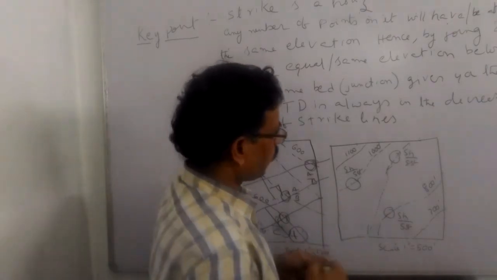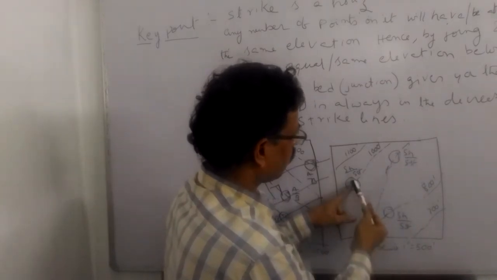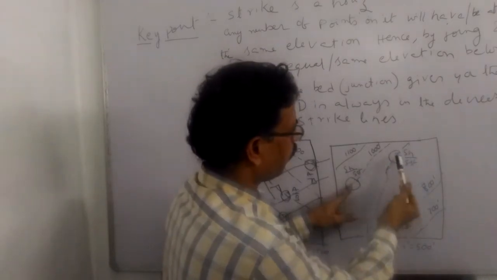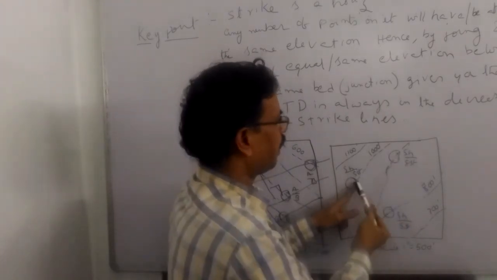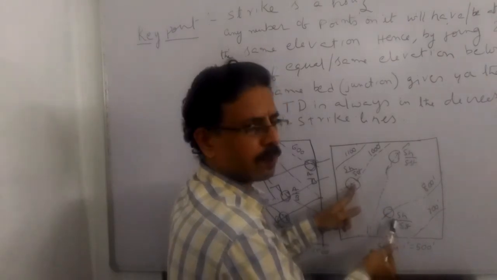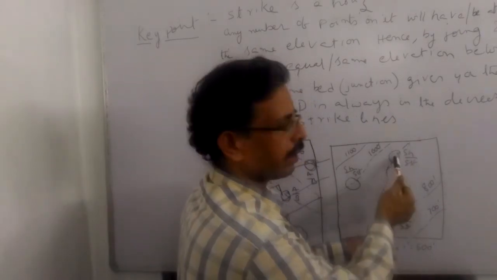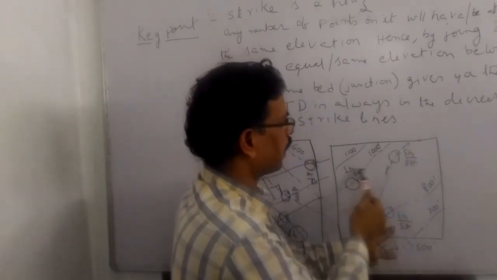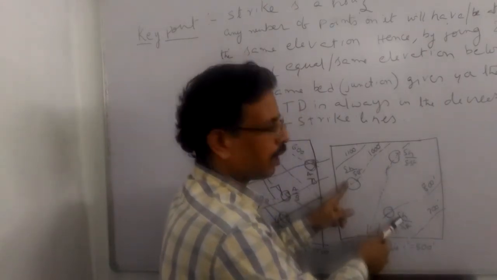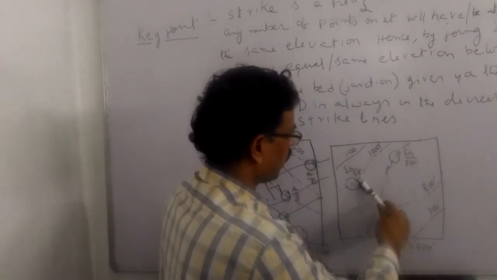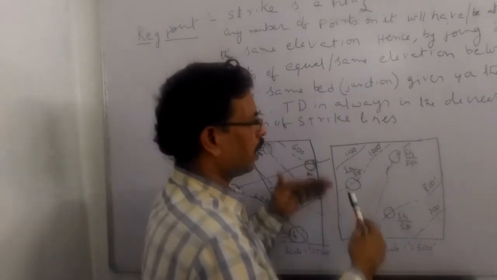So when you are going from 900 to 1000, I will see whether I get any 800 point between 900 and 1000. We cannot get 800 points between 900 and 1000, and we cannot get 1000 points between 800 and 900. If you go from 900 elevation to 1000 elevation in this particular direction, there is a gradual increase of elevation.